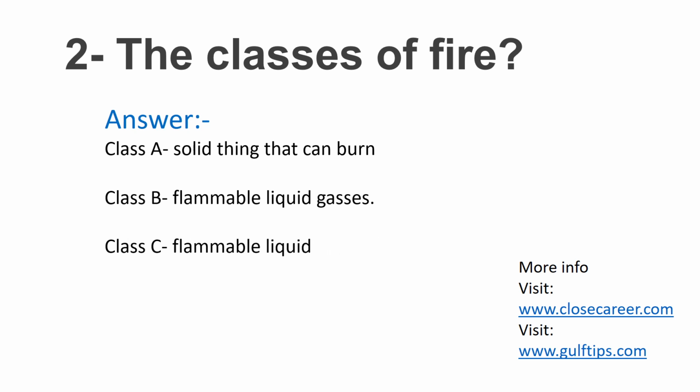Class C fire, flammable liquid. The liquid which can burn quickly and expand the fire, just like petrol, diesel. If there is a fire in flammable liquid, it's called a class C fire. Class D fire, electrical equipment.